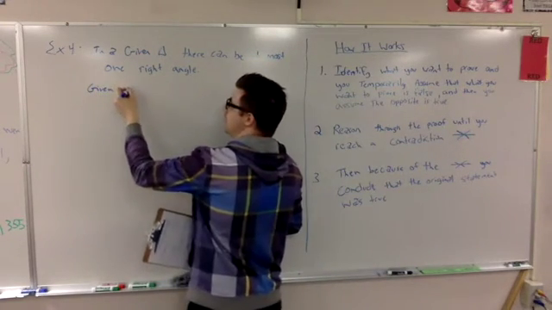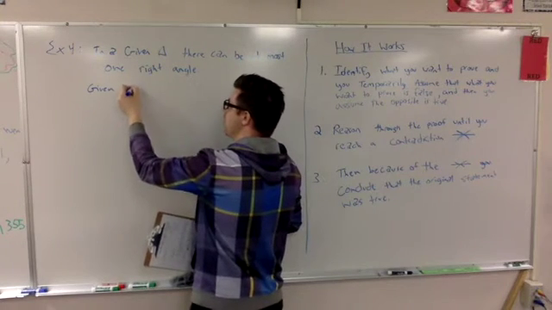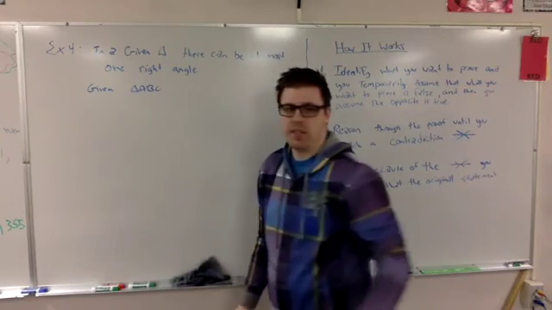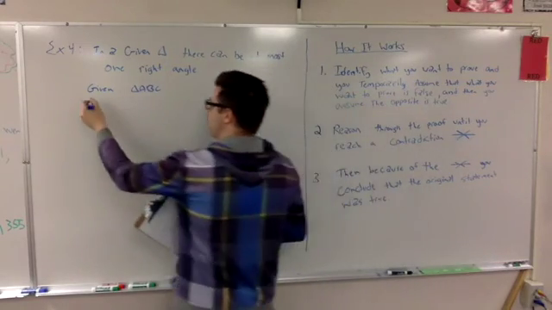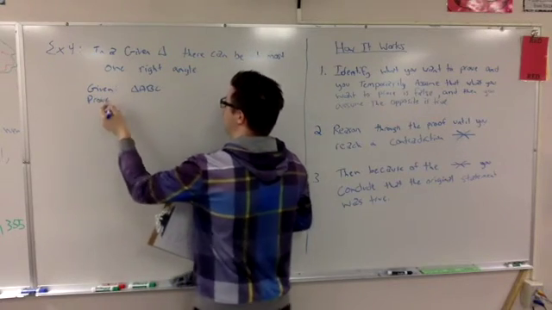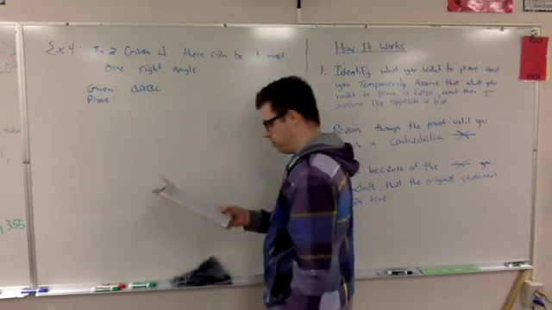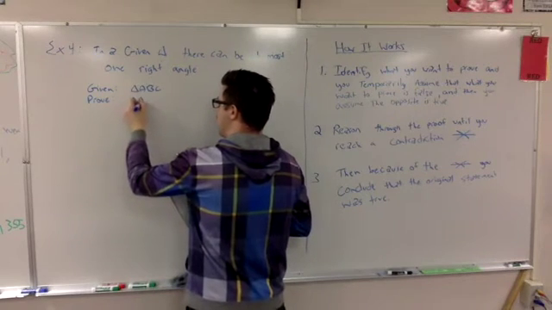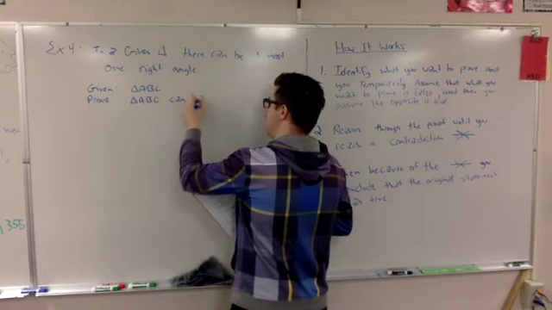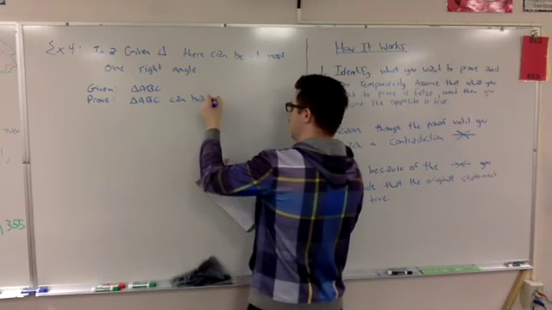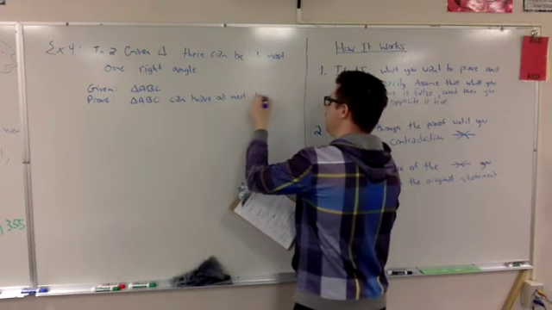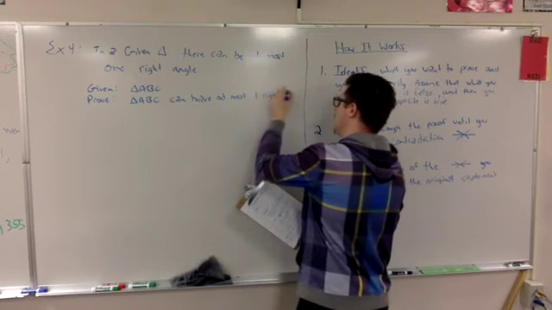What is the given? It's any triangle. So maybe it's triangle ABC. So given triangle ABC, what are we trying to prove? Well, we're trying to prove that triangle ABC can have at most one right angle.